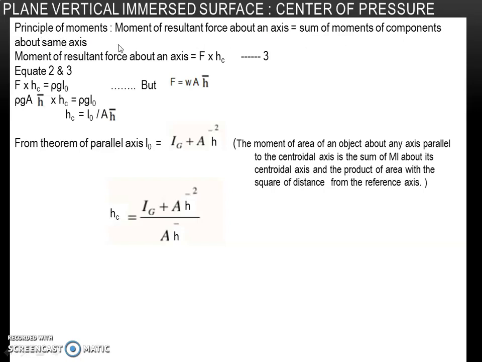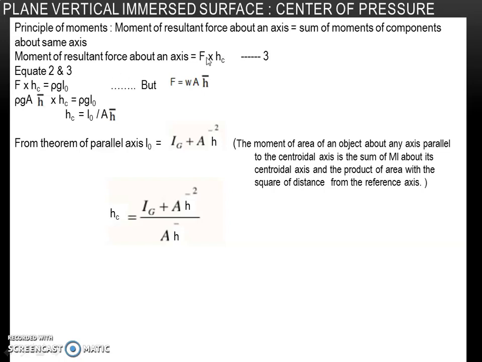Sum of moments of components about the axis as rho g I naught. And moment of resultant force about an axis can be written as F into hc. F is the resultant force and hc is the distance at which it acts from the free surface.